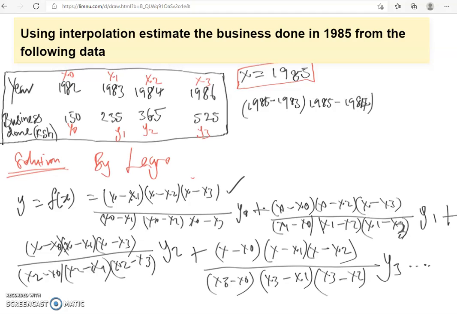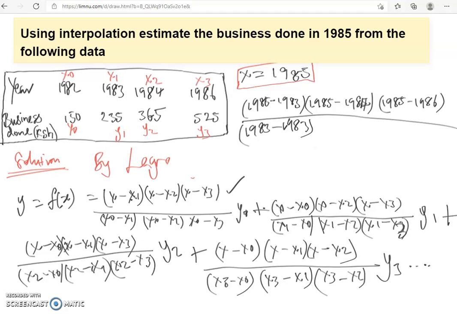And 1985 minus 1986. Divide this by 1982, that is x naught, 1982 minus x1, 1983.